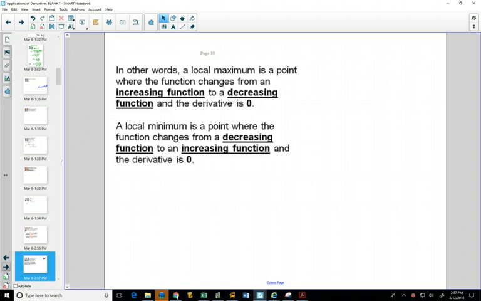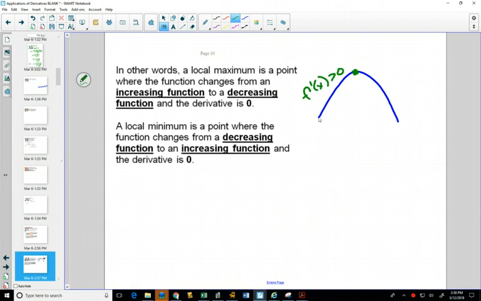What we have happening here is whenever your function changes from an increasing function to a decreasing function, so if my normal function was increasing and then decreases, wherever that point is will be a maximum. In this section, your derivatives will be positive.